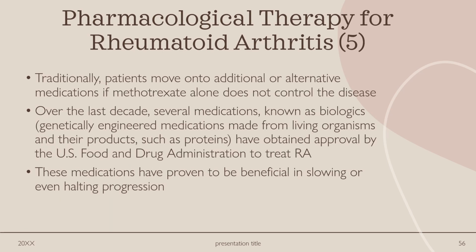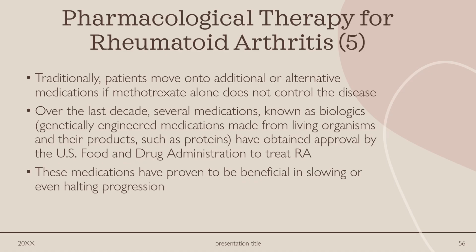Traditionally, patients will move on to additional or alternative medications if methotrexate alone does not control the disease. Over the last decade, several medications known as biologics have been developed. Biologics are genetically engineered medications made from living organisms and their products, such as a protein. These biologics have obtained approval by the U.S. Food and Drug Administration to treat RA.